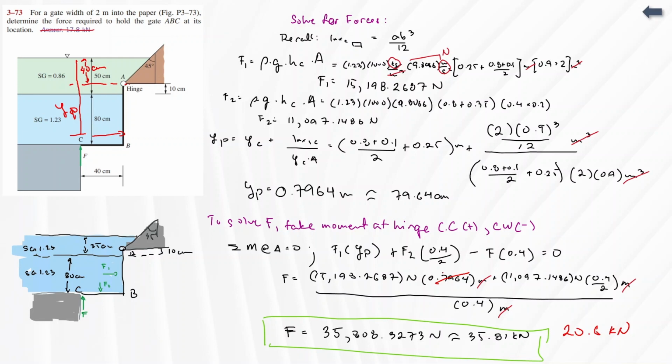Okay, so that's the only mistake here. So that should be 0.396 meters. There we go. Yeah, that's a lot better. Okay, next.